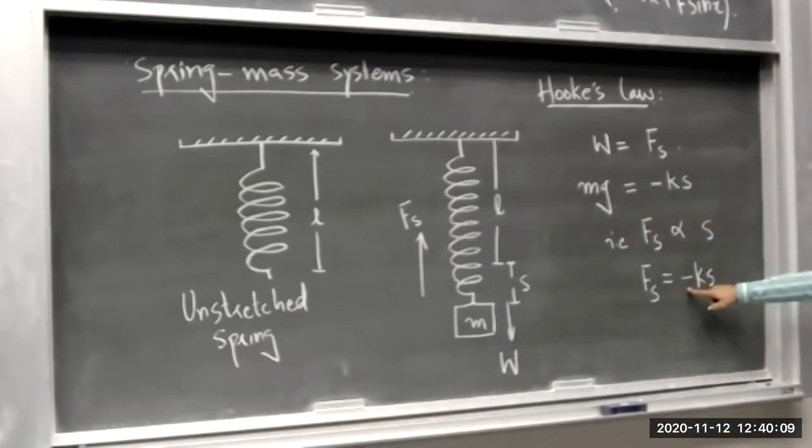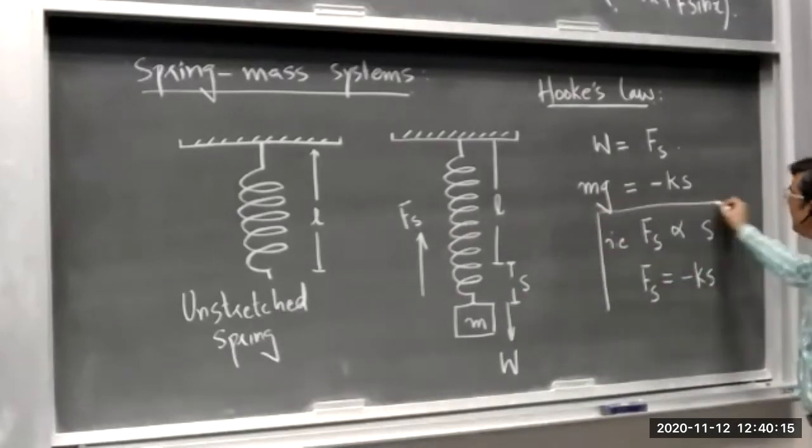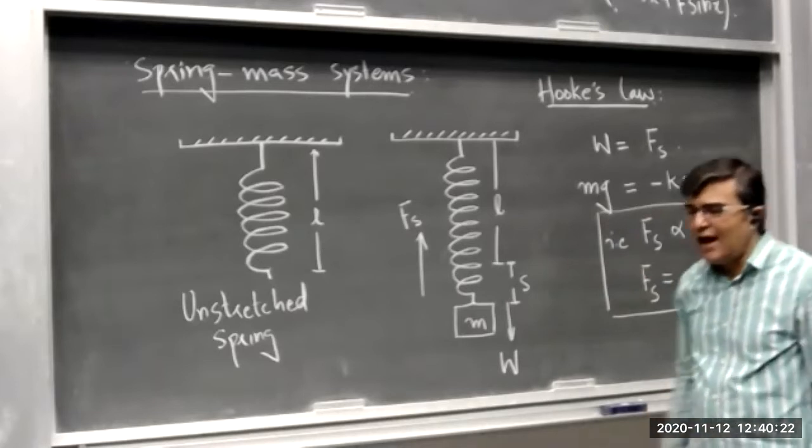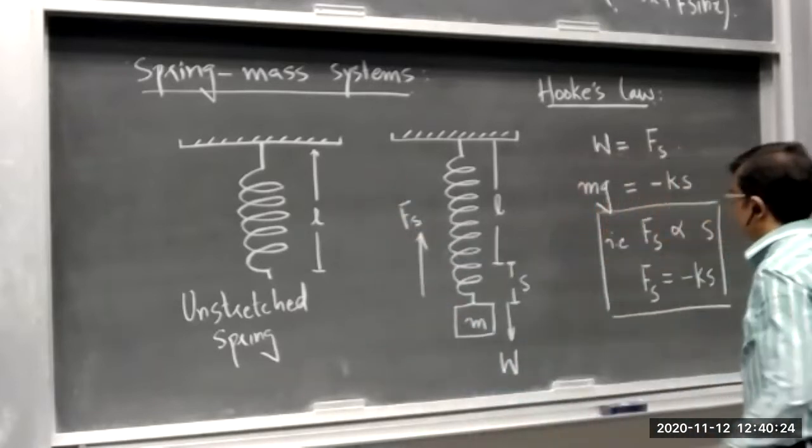Then we always put a negative sign here. Fs is equal to minus k times s. This is Hooke's law.